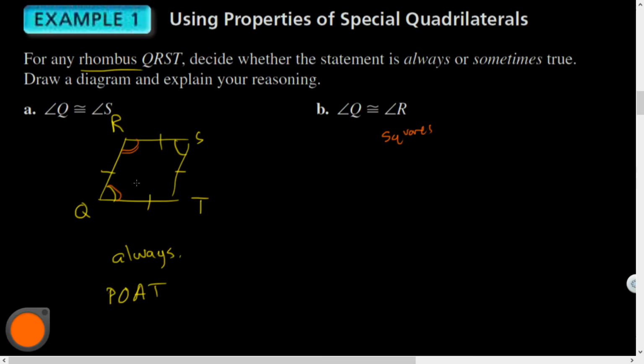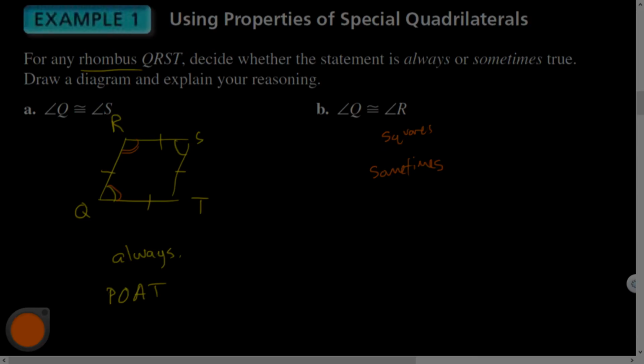What about non-squares? Then it won't be for non-squares, so I think the answer is sometimes. And that sometimes occurs when the time is square time. It's square time.